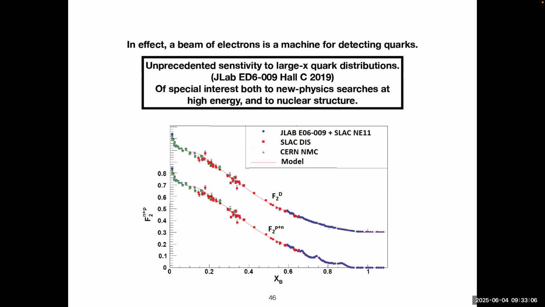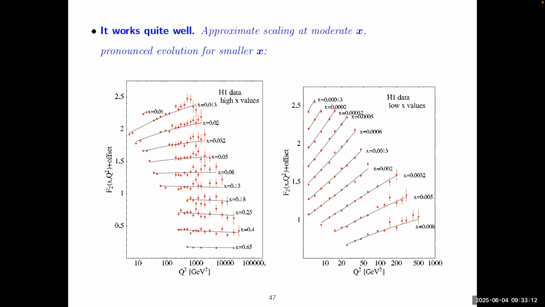Therefore, it gives us insight into what's happening to the parton distributions at large x. And anyway, it works quite well. This is really quite old, but this really showed the power of these ideas, especially when you go to relatively small x.